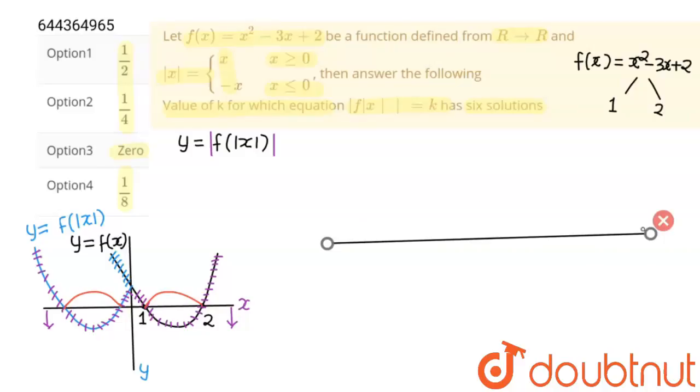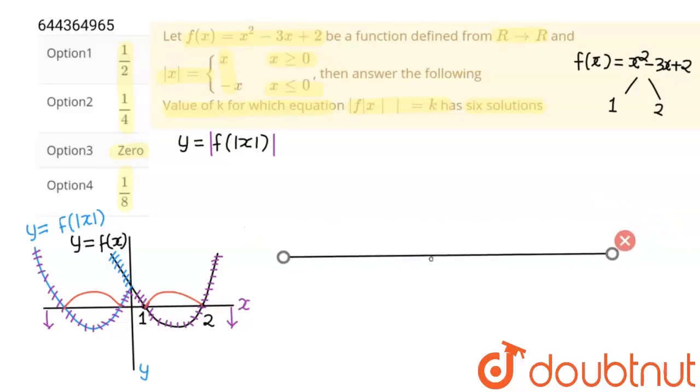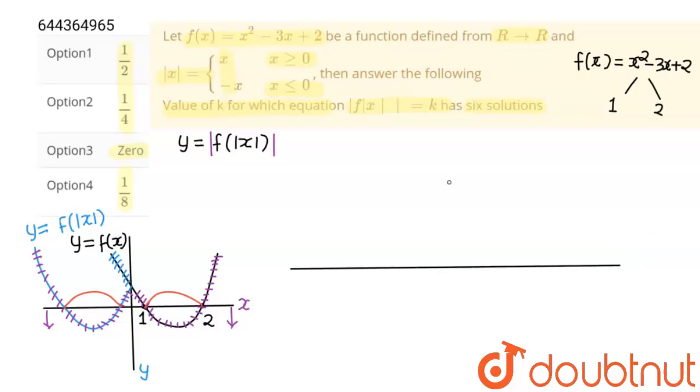So this is our x-axis and this is our y-axis. Now these are the points that I am going to draw: -2, -1.